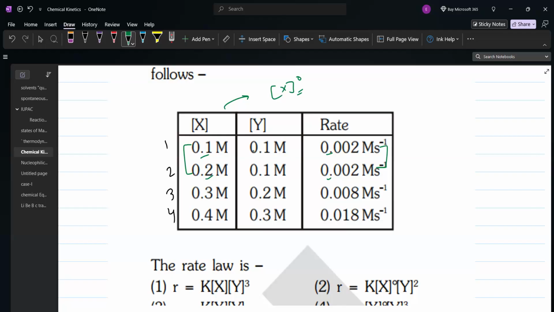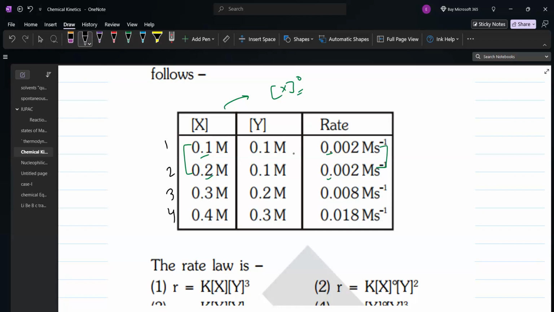Okay, so then what have you done? The concentration of Y is getting doubled, and the rate is also multiplied by 1.5. So what do you think? Rishita, are you understanding there is some issue in this, right?